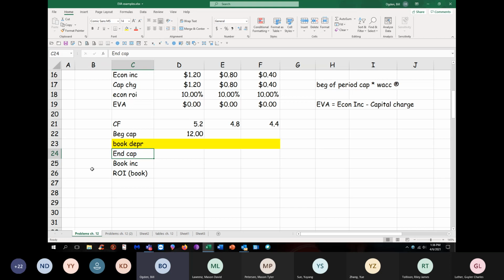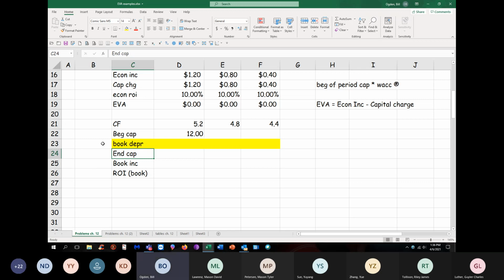All right. So we could use straight line. We could use an accelerated method. We could, you know, whatever the company uses in its tax accounting. It can choose one method for tax accounting and one method for reporting. So, like I say, it's not based on economic theory.